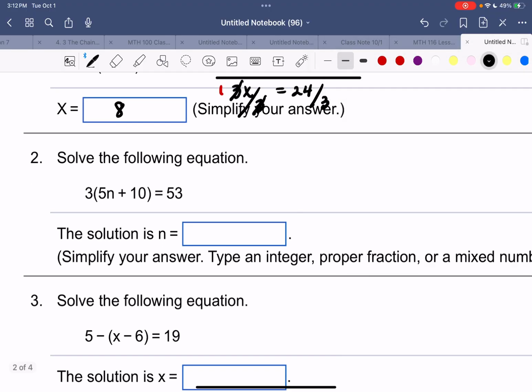Number 2. 3 is distributed times the 5n and 3 times the 10. That's going to give me 15n + 30 = 53. Well, I need to subtract a 30 from both sides.